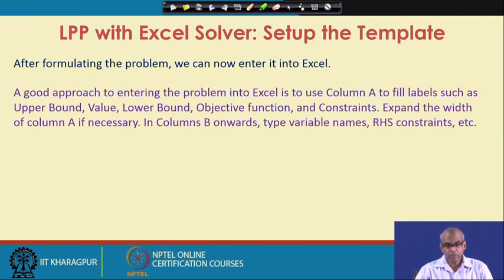A good approach to entering the problem into the Excel sheet is to use column A to fill labels such as upper bound, lower bound, value, objective function and constants. You can expand the width of column A if necessary.